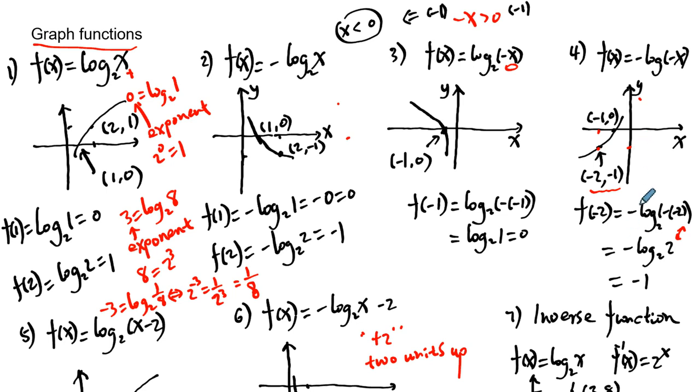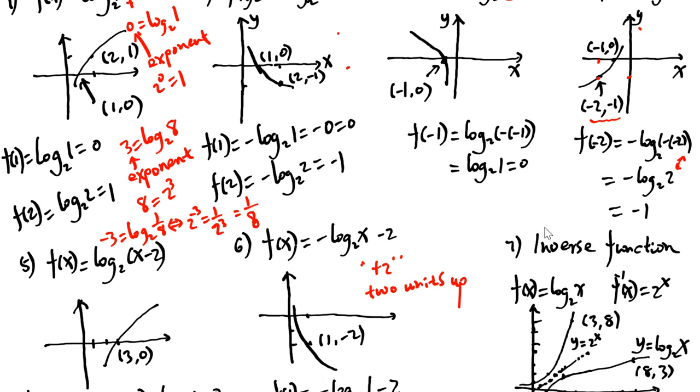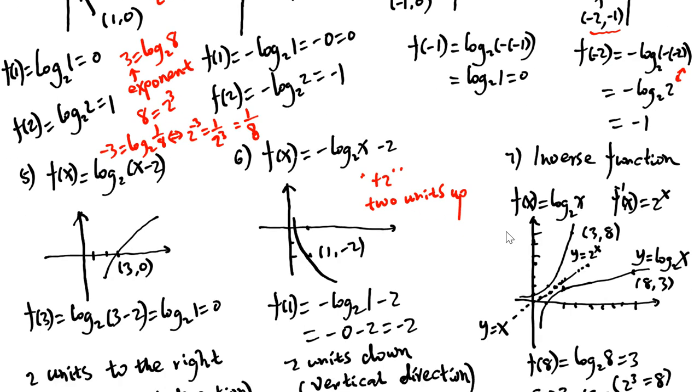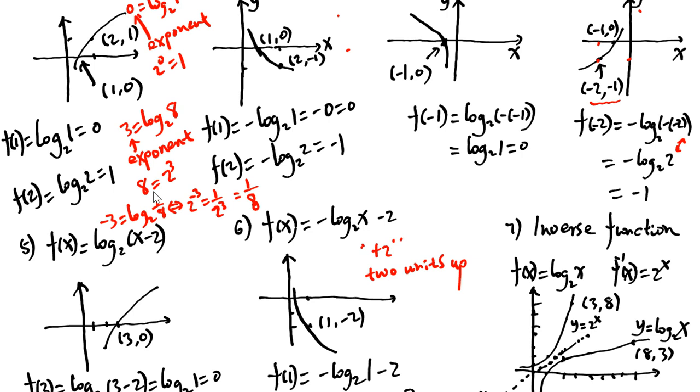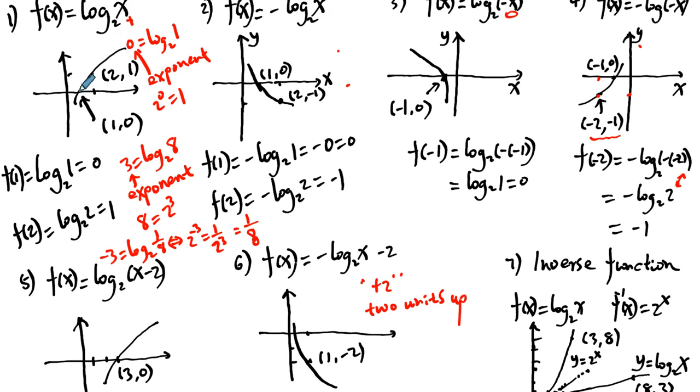Alright, now how about the function log base 2 of x minus 2? X minus 2, you want to compare with the original. Originally, in order to get 1, 0 here, when you plug in 1, log base 2 to the 1 is 0. So 1, 0 is on the graph.